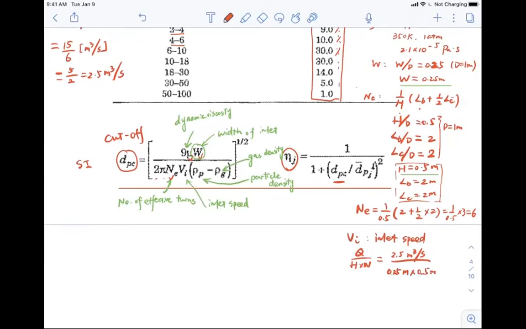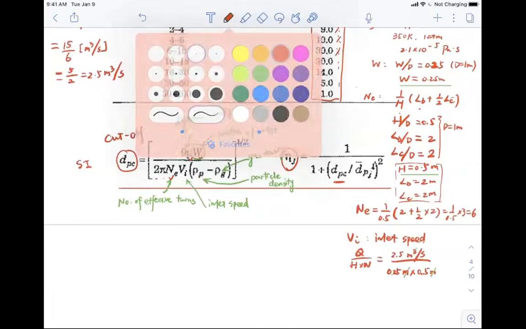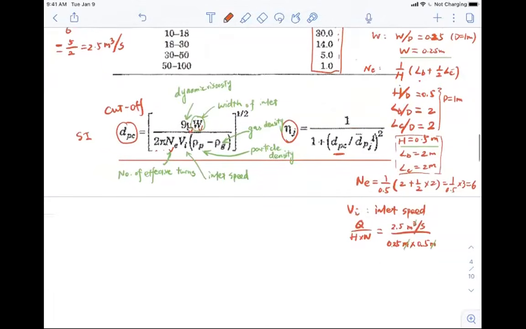You have meter squared in the denominator so that we can cancel the meter cubed in the numerator, right? So first you have 2.5 over 0.25, a ratio of 10. That's 10 over 0.5, so you're going to have 20 meters per second.